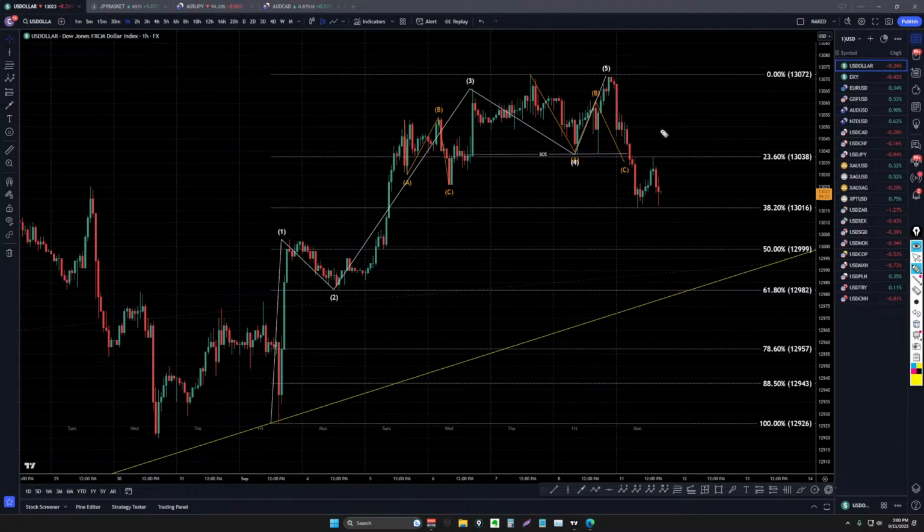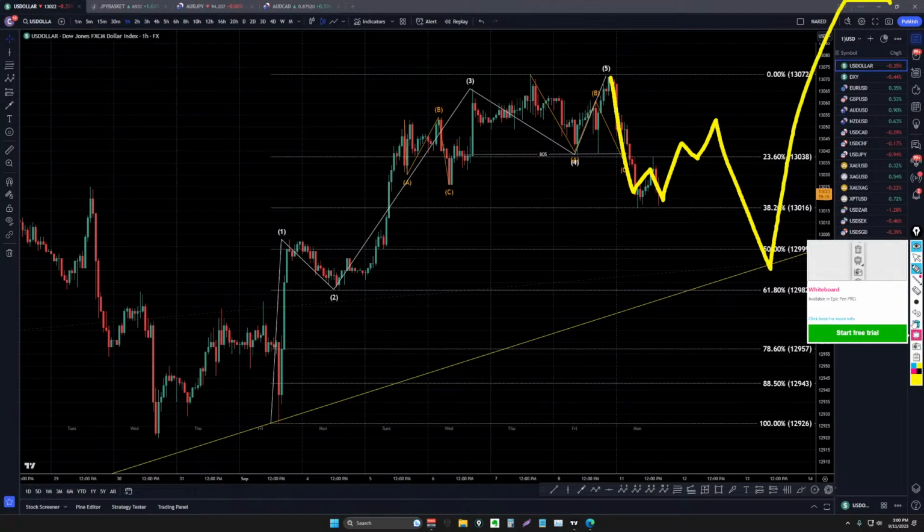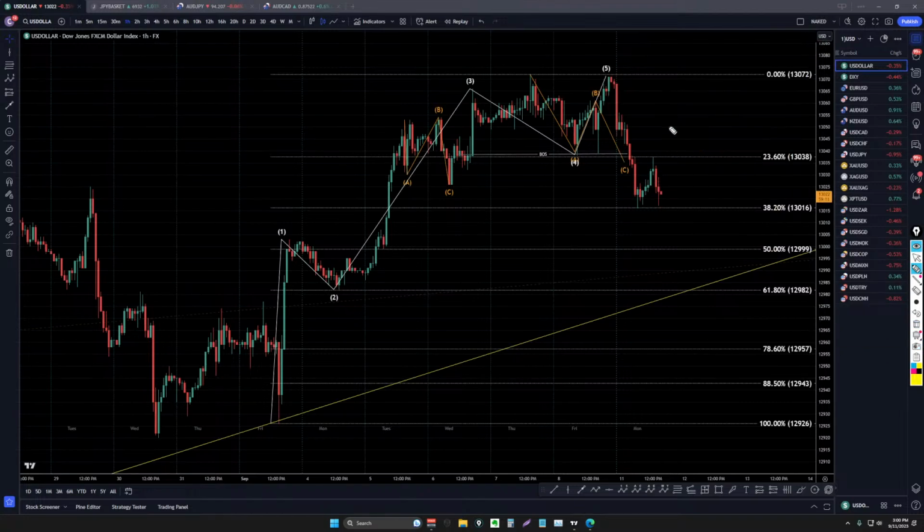The only reason why I was doubting that is because it looks like 1, 2, 3, and then A, B, and then back up. But that doesn't really fit for this to be a wave 4, because if this was a wave 4, we would have to see a wave 2 around the same size like this. Maybe that's actually what it is. Maybe it really is a 1, 2, and now we're in a wave 3, 4, 5 of A.